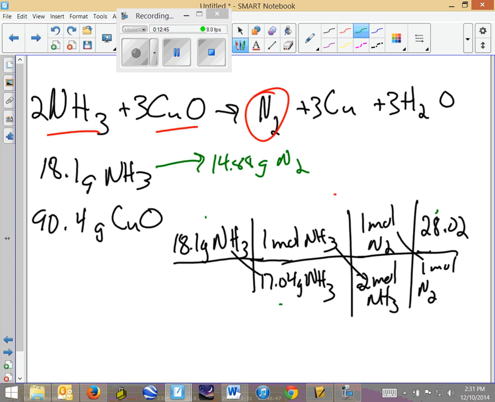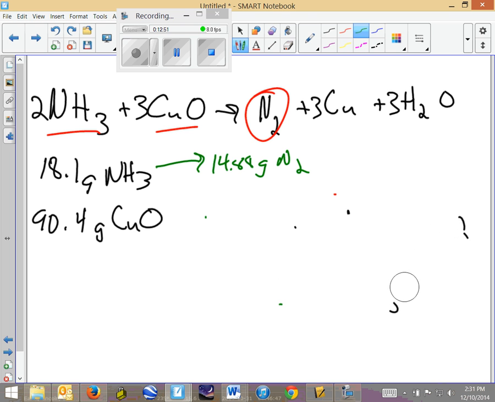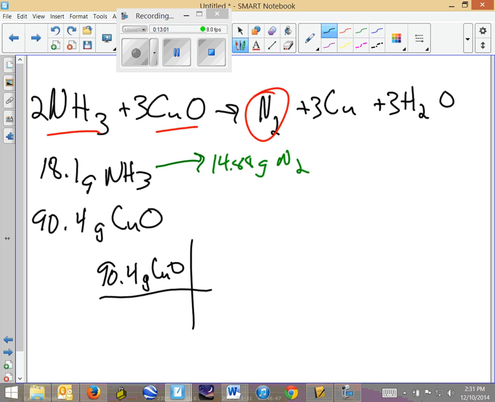Okay, so now all I need to do is do the same thing for copper oxide. I'm just going to erase this so I have more room to work. I got that number written down right there. So here we go, 90.4 grams of CuO. What's the molar mass of copper oxide?